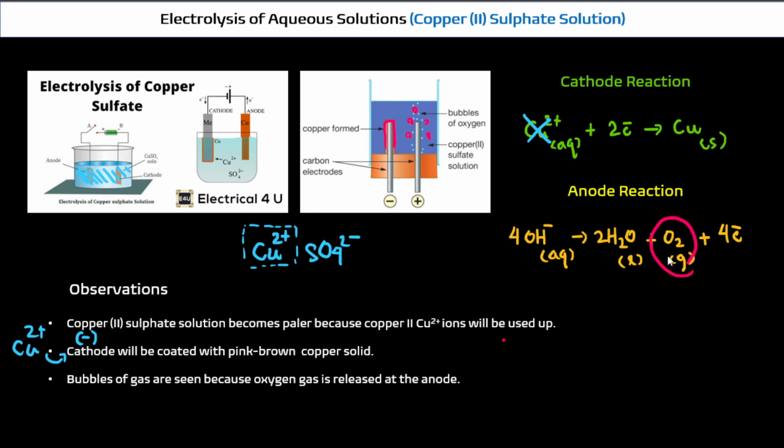So remember, at the cathode you should have your metal deposit, and at the anode you should be observing bubbles of gas, because whenever some gas is being released, we are going to see bubbles.